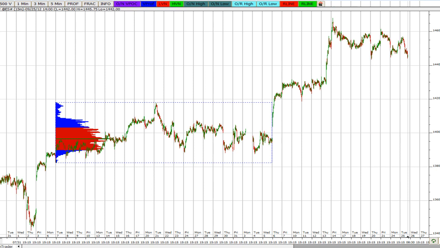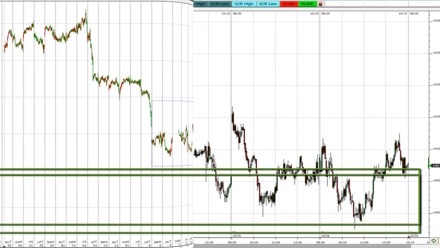The more key reference areas coincide in the same place, the higher the probabilities of getting reactions from there and of significant things in the market happening there. So we want to see these things aligning, and in this case, it does. That major previous resistance and this major high volume node coincide within around the same area. So let's go draw that in.